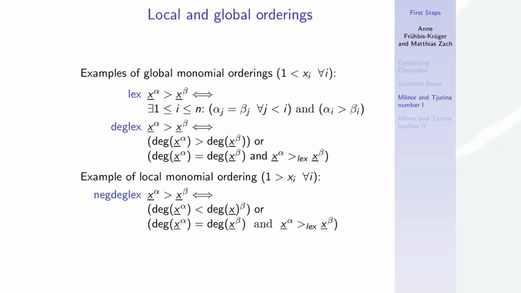So up here, you'll get a leading monomial of which the degree is the same as the degree of the polynomial itself with deg-lex. And with negative deg-lex, you get a leading monomial of which the degree is just the order of the polynomial we are looking at, so the lowest appearing degree.